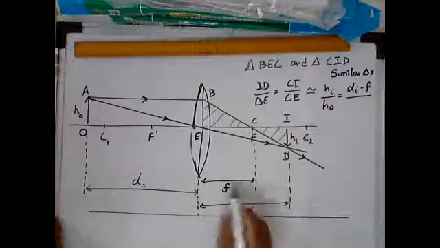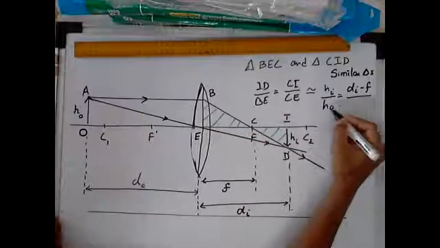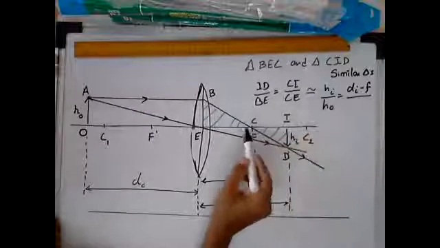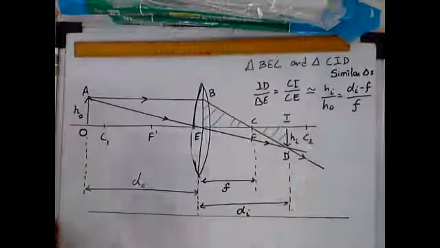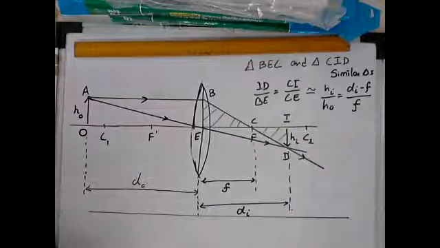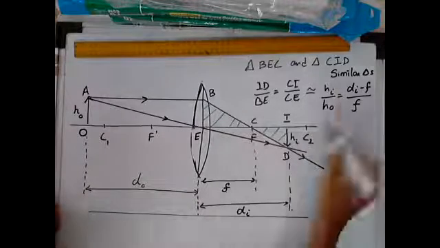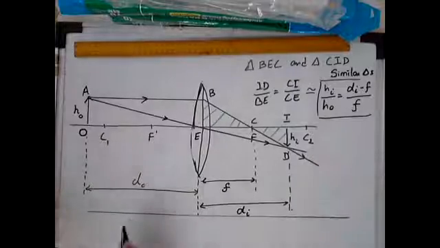Di minus F is this, that is CI. And CE is nothing but F. Okay, so this is the first part of the equation. So let's keep this as the result, and we'll move on to the next set.